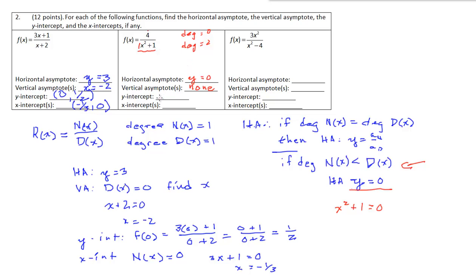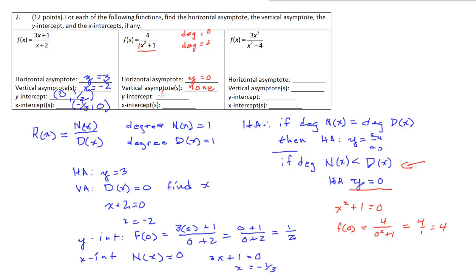The y-intercept. Now again, what do we say about the y-intercept? Well, we set x equal to 0 and solve. So for the y-intercept, let's say, well, what's f of 0? It'll be 4 over 0 squared plus 1. That's 4 over 1, 4.